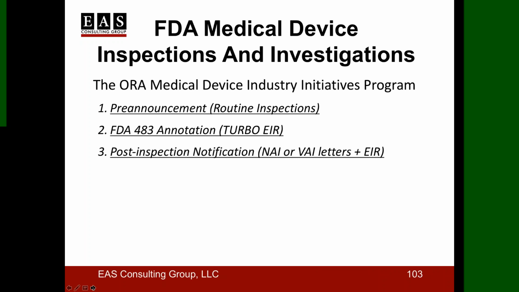Turbo EIR is an activity that FDA uses internally, so it's being changed right now. We're not calling it Turbo EIR. I can't remember right offhand what it's called, but basically what it is, FDA is going to bring a computer in with a printer and type in the information on the 483, and a lot of this is canned.